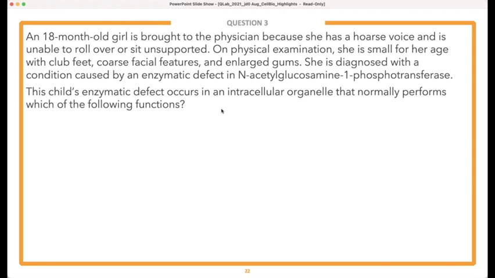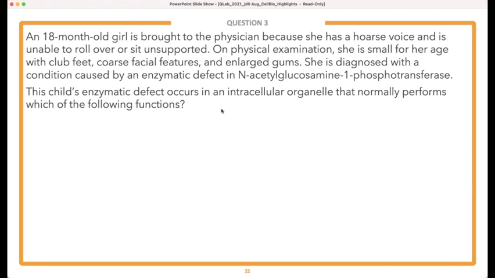Now, with that, to frame your thinking, let's read the vignette. An 18-month-old girl is brought to the physician because she has a hoarse voice and is unable to roll over or sit unsupported. On physical examination, she is small for her age, with club feet, coarse facial features, and enlarged gums.